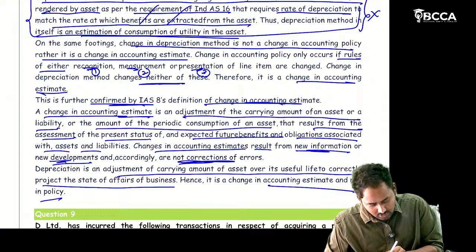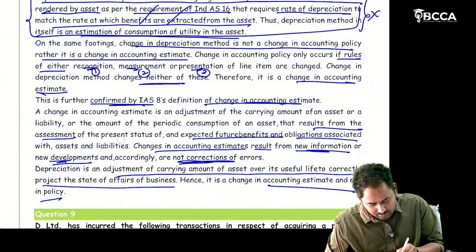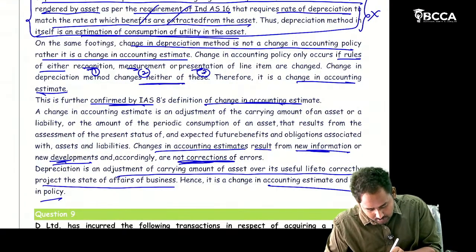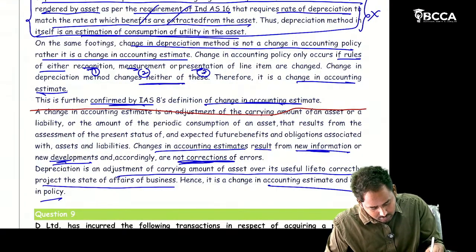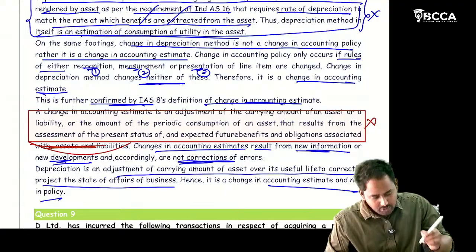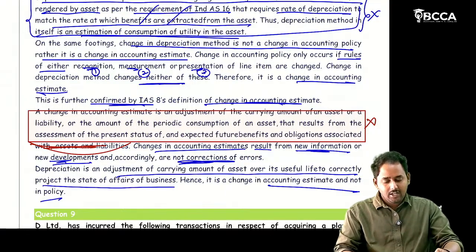And one more thing, you need not write this element also. You need not write this red color highlighted area.